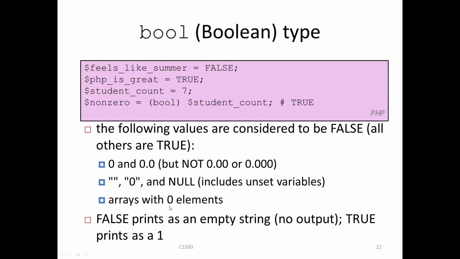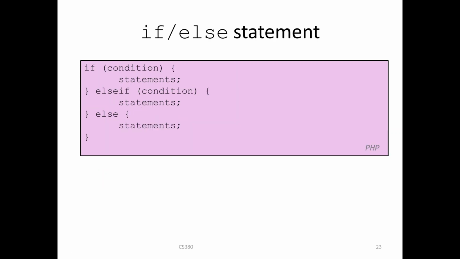And arrays with 0 elements will be converted into false. Anything that is not in this list will be converted into true. So if the string contains something other than this, it will be true. If the value is anything other than this, even if it's a negative number, it will be true. So that's something you will need to remember about PHP.